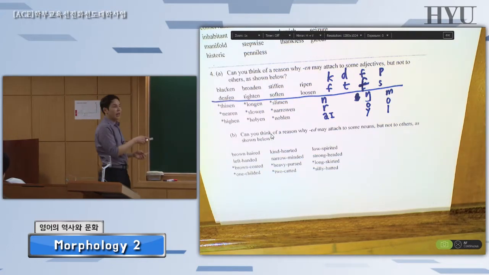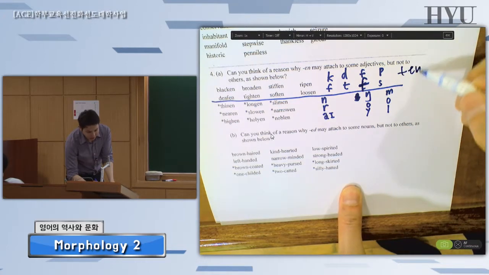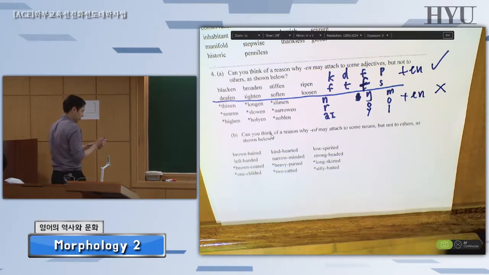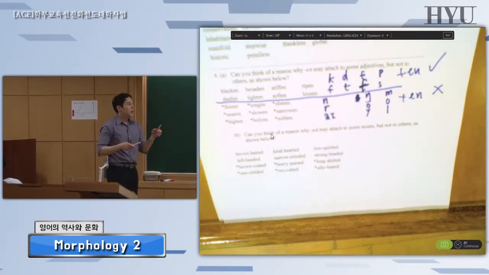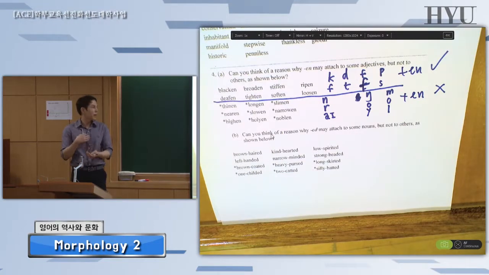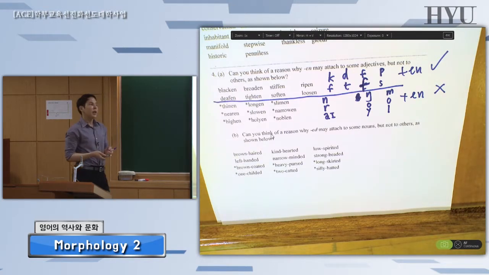The sound before N. So all of these are okay to add N. But these are not okay, like that. So can we group these sounds here so that we might be able to tell the reason why? In the top category where N is allowed, you see we have K, F, D, T, F, P, and S. What are they?